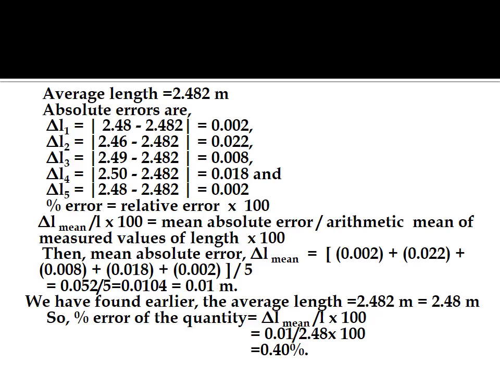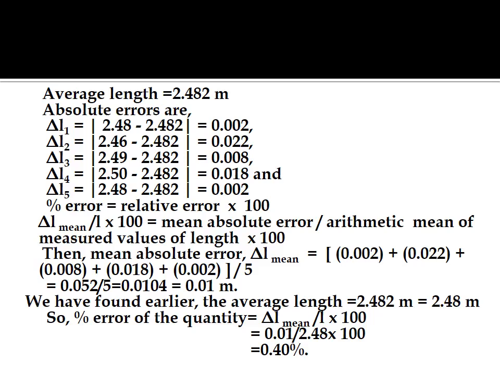Delta L3 is equal to modulus of 2.49 minus 2.482 is equal to 0.008. So delta L3 is equal to 0.008 meter. Delta L4 is equal to modulus of 2.50 minus 2.482 is equal to 0.018.